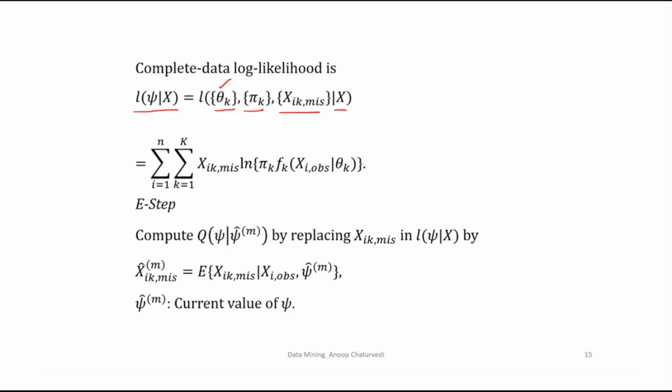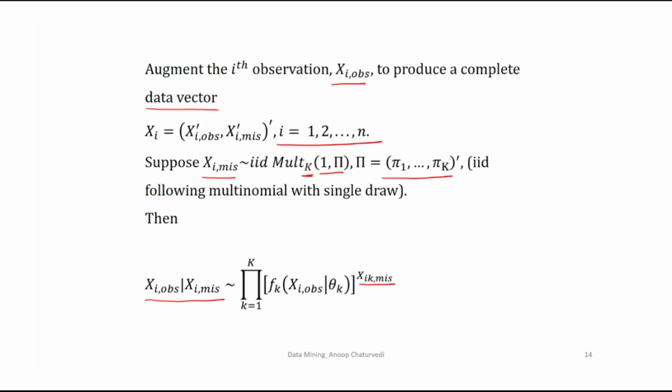These are the parameters of the mixture of distributions. These are the probabilities associated with different classes, or probabilities of the multinomial distribution, and these are the missing data. And then we write it equal to summation i equal to 1 to n, summation k equal to 1 to K. You get x_ik missing here because you are taking log of the likelihood function.